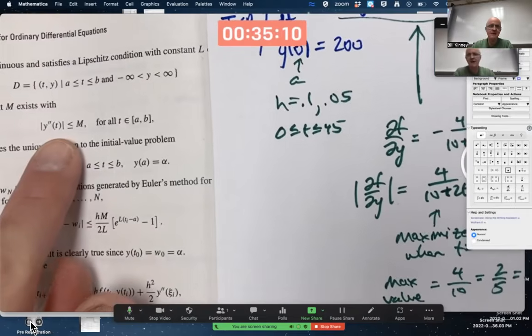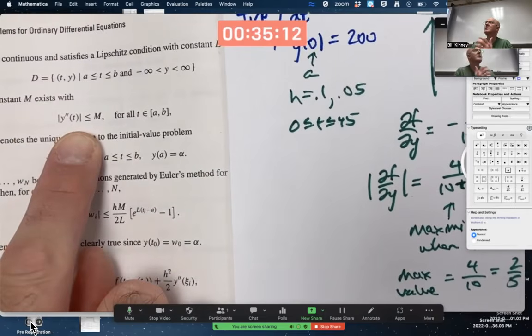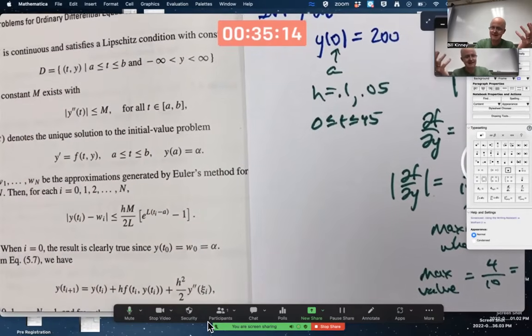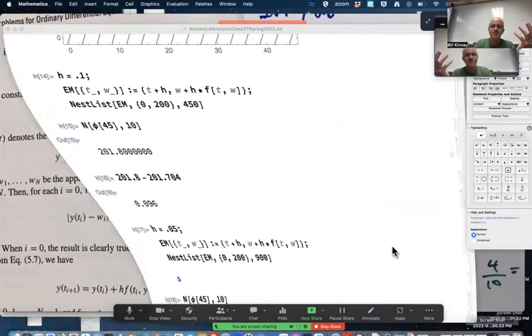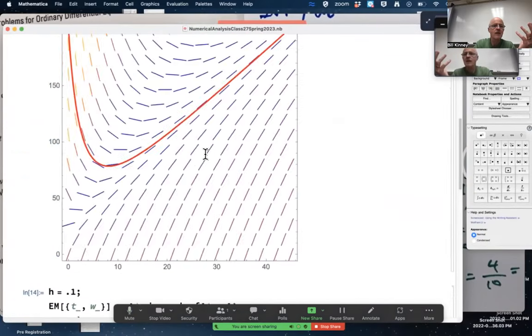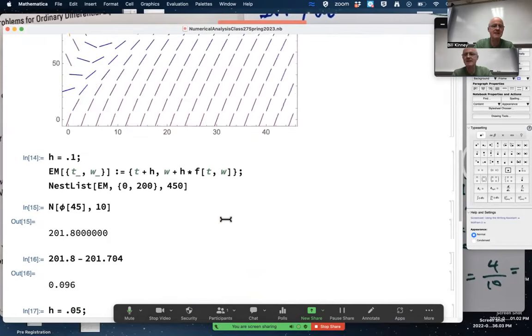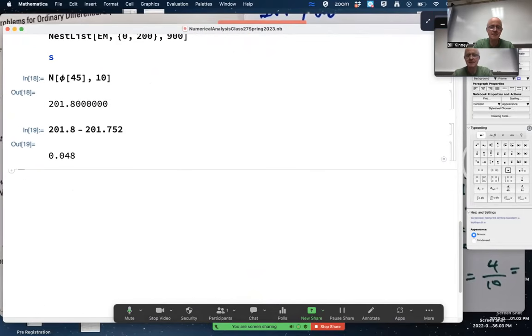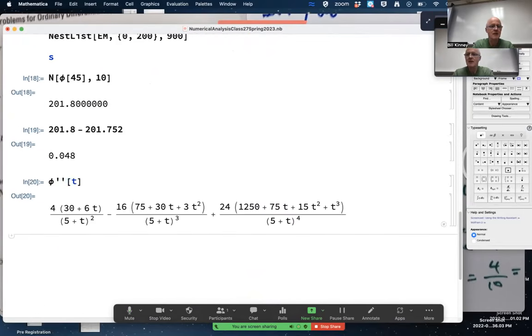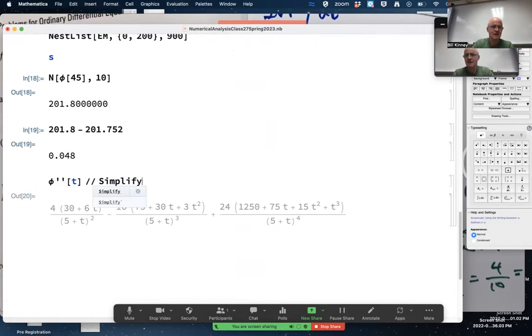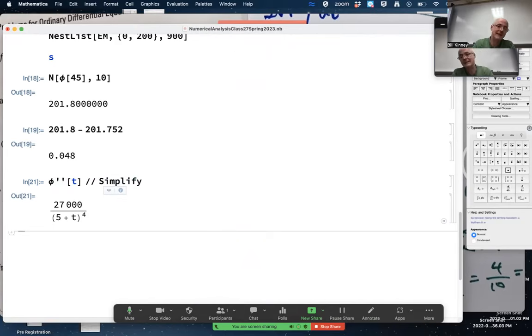Again, the M is an upper bound on the second derivative of your solution, which we do know in this case. It's phi of t. We've got to bound the absolute value of its second derivative. What's its second derivative? Probably kind of nasty. Oh, no, okay, not as bad as I thought.